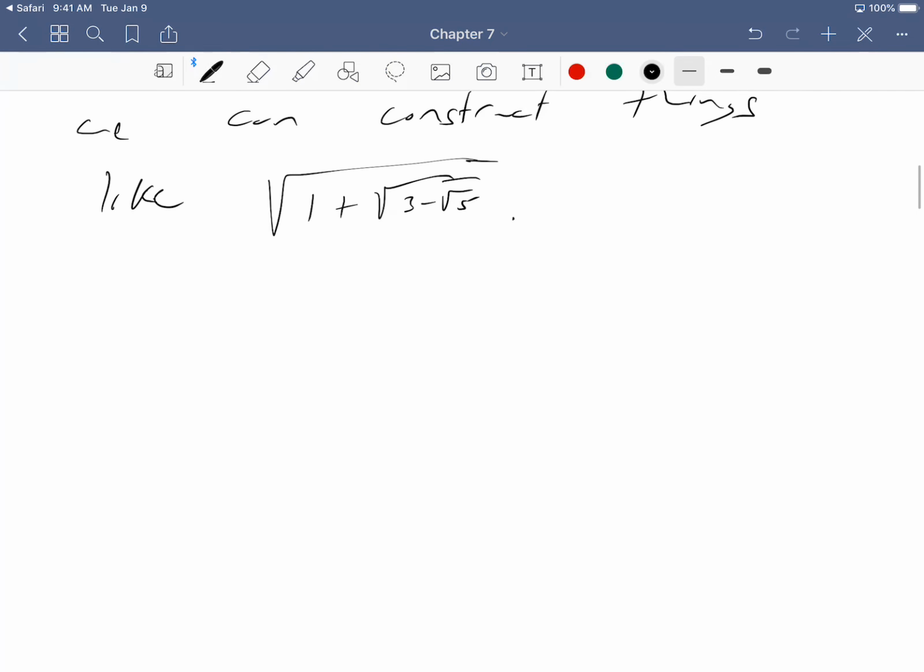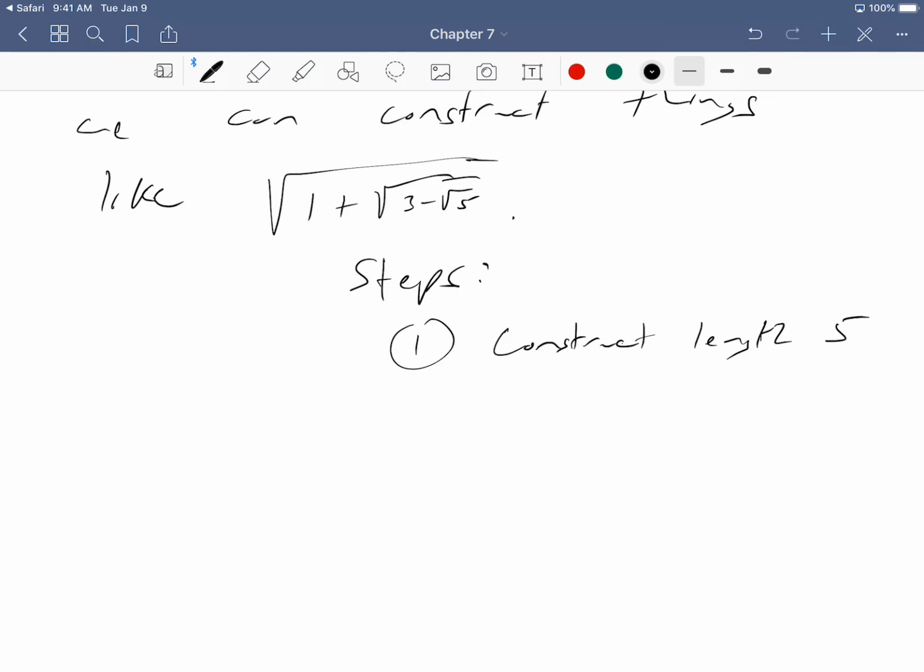The steps that I would take would be to first construct length 5. So I would make a segment of length 5, and then I would use that to take the square root. If you look back at that construction from the homework, if we could make a length 5 segment, then through setting up some different triangles, we could make a root 5 length.